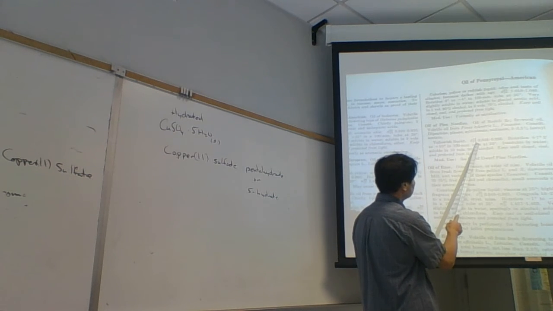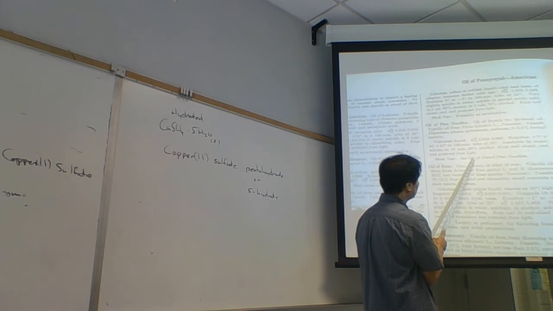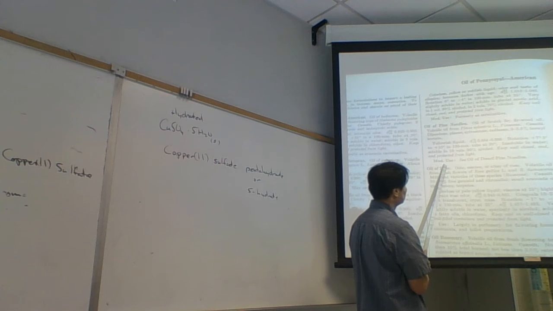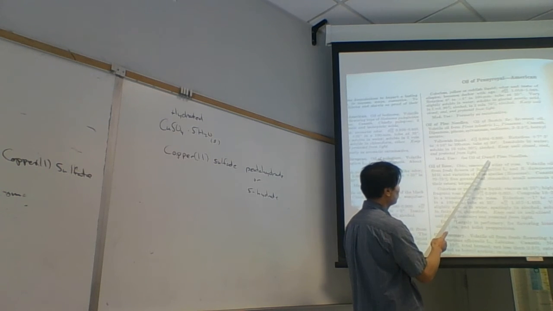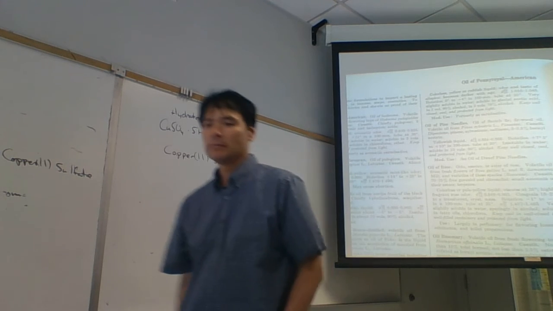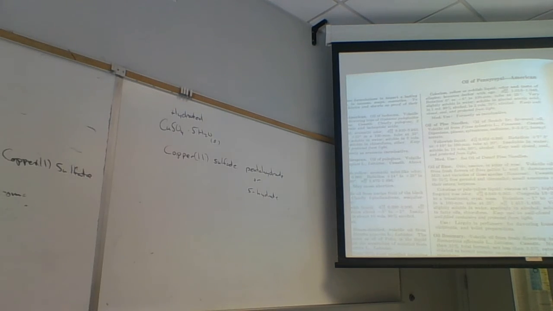Here they're giving us the density and some optical property. They're telling us its medicinal use. See oil of dwarf pine needles. We go to oil of dwarf pine needles, and maybe there's some additional.